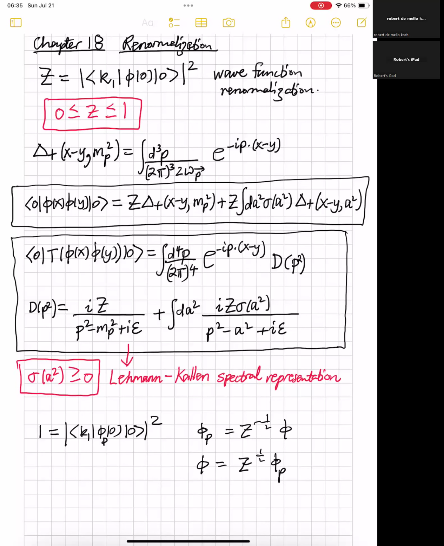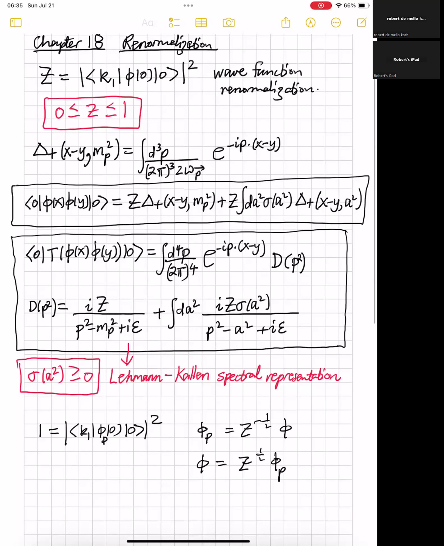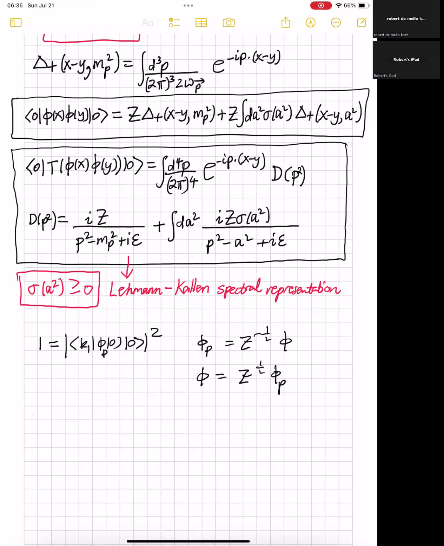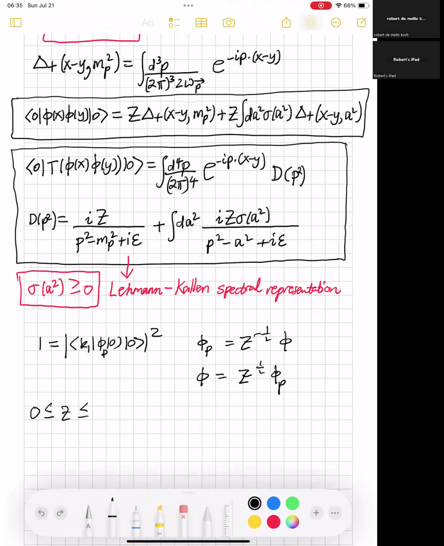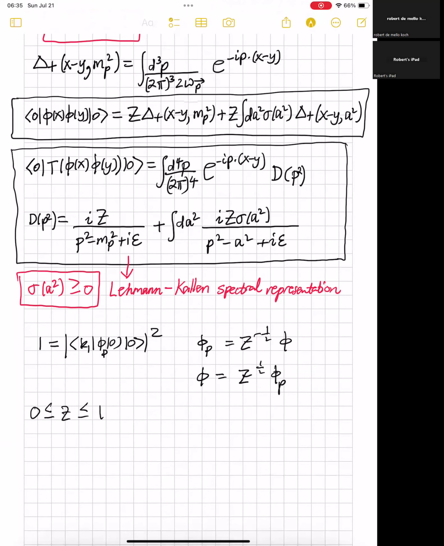Okay, and so let's just talk a little bit more about this. We have already agreed and checked, actually in quite a bit of detail, that Z lies between 0 and 1. What that means is, if we study Z to the minus 1/2, this will lie between 1 and infinity.